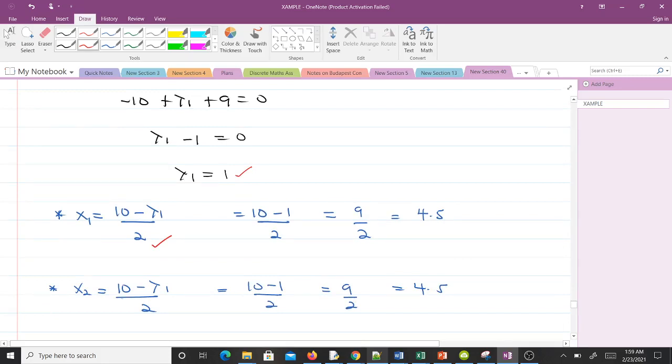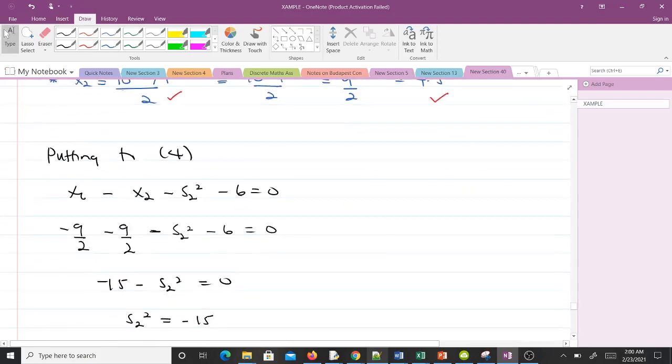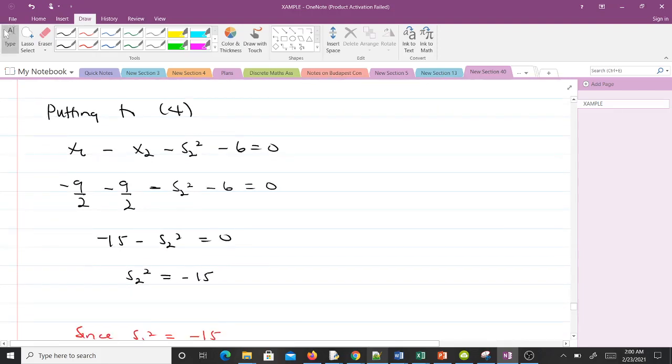When you make the substitution, you are going to get 4.5. And this was our x2. If you make the substitution, you are going to get 4.5 again. So we put this into equation 4. Now our x1 is 9 over 2, and x2 is also 9 over 2.